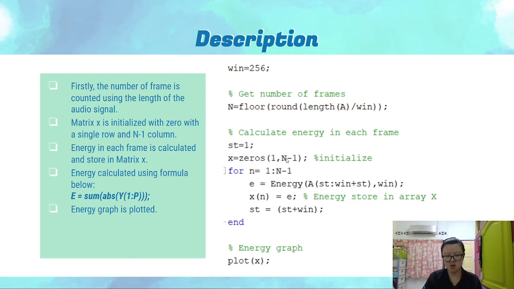Matrix X is initialized with 0, a single row, and N-1 columns. The energy in each frame is calculated and stored into the matrix X. The energy is calculated using the formula E equals the sum of absolute Y from 1 to P. After that, the energy graph is plotted.